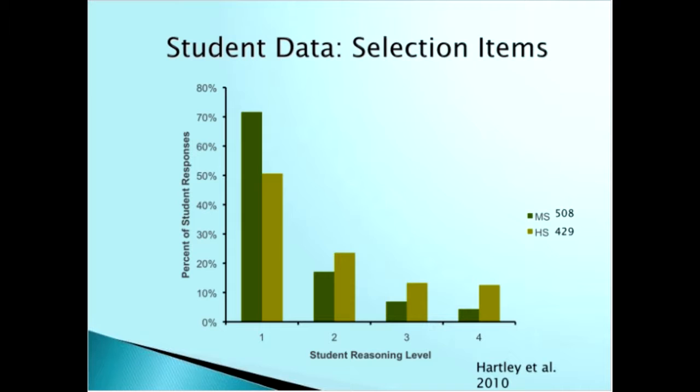First off, the vast majority of students are using the force dynamic reasoning or lower level responses. And then we see fewer students showing increased understanding or movement up the learning progression. We also see that high school students tend to show better performance than middle school students. So I think that's an encouraging sign.